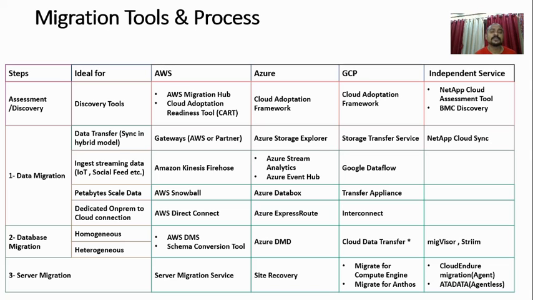You convert the schema using the database migration service they have, and you transfer the data using Snowball. It is pretty much possible and doable, and we are doing it in many cases. So understand that your data migration can be database data migration, application data migration, or any other data migration, backup data migration as well.